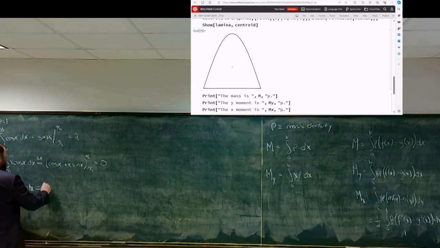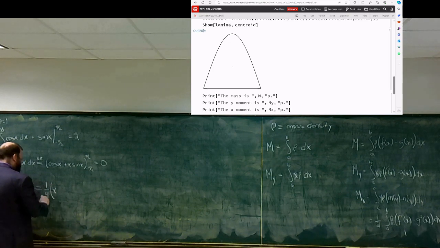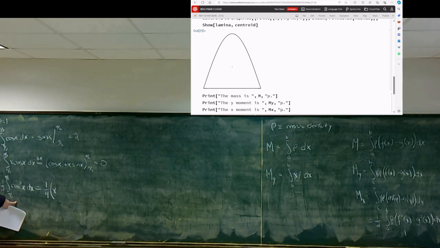You could also remember that cosine squared is 1/2 of 1 plus cosine 2x. And so integral of 1, that's where the 1/4 is coming from. I'm factoring out that 1/2, and 1/2 times 1/2.